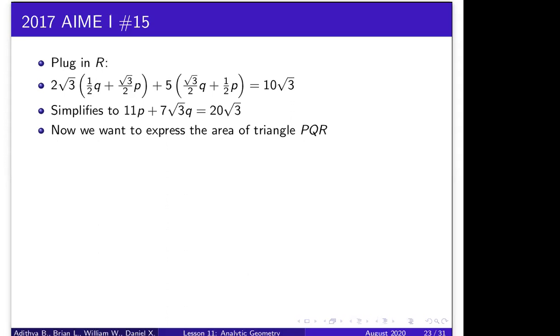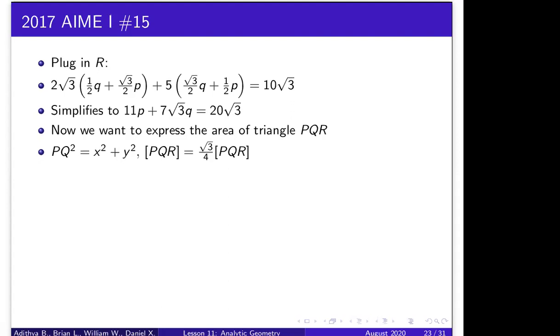Yeah, so a side length would be square root of P squared plus Q squared, right? Because that's just the distance between P and Q, right? So yeah, that should say PQ squared equals P squared plus Q squared instead of X squared plus Y squared, but the idea is the same, right?